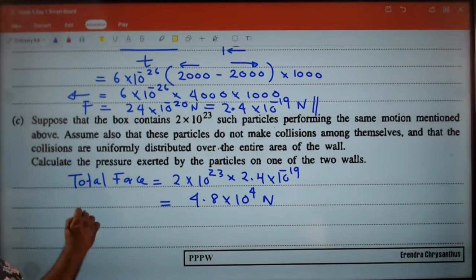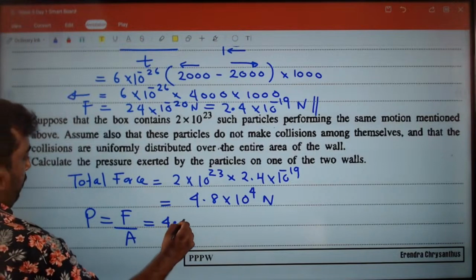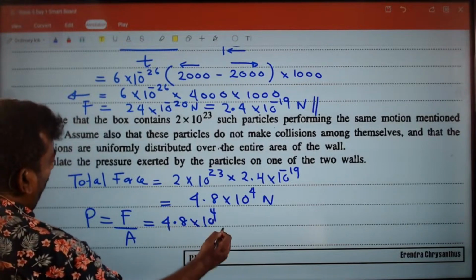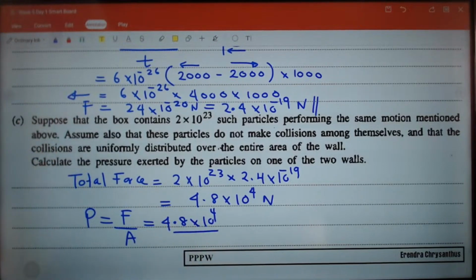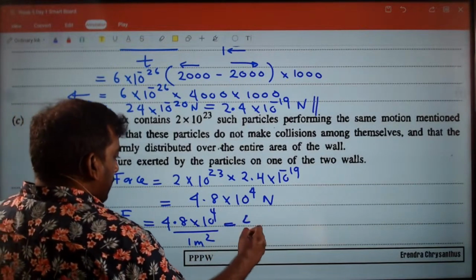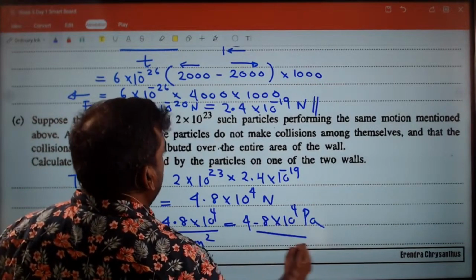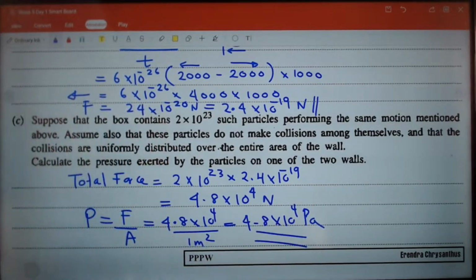Pressure is equal to force divided by area. 4.8 × 10^4, area is 1 meter square. 4.8 × 10^4 Pascal. Pressure exerted.